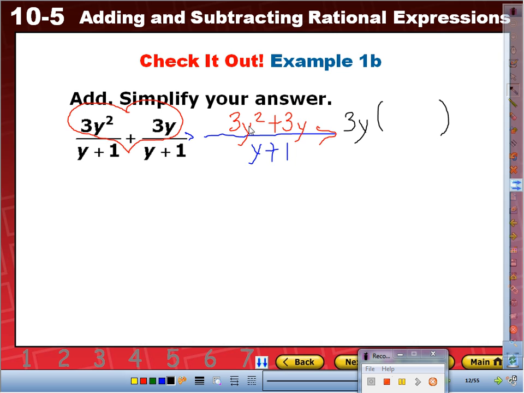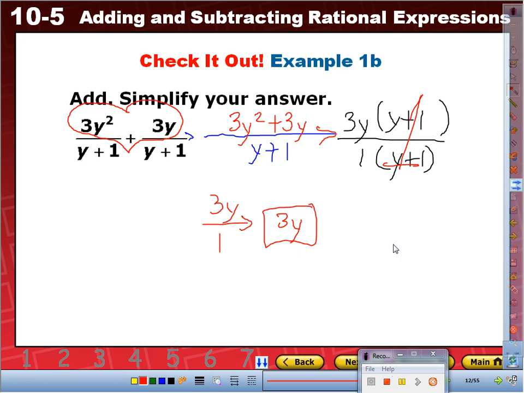So then what's left? Y plus 1. That is correct. What's GCF down here? 1. And we're left with y plus 1. Do you see the giant 1? Yes, which is here. So what do we have left? 3y over 1, which is 3y. Hands if you got that by yourself.